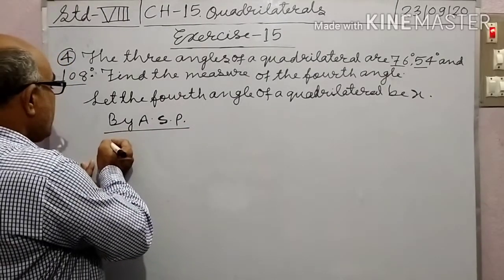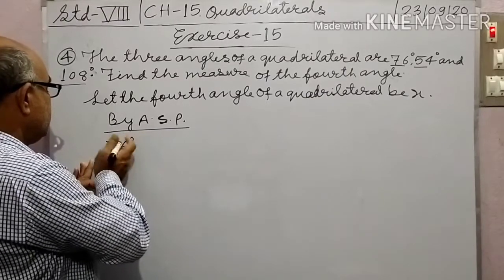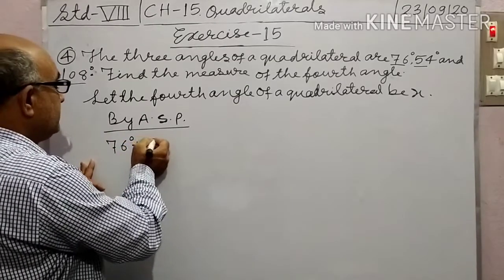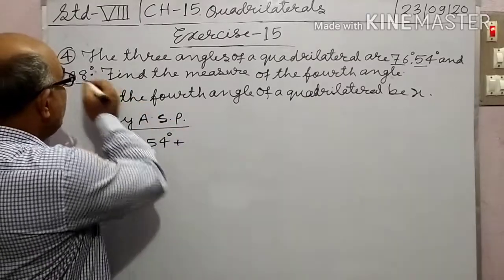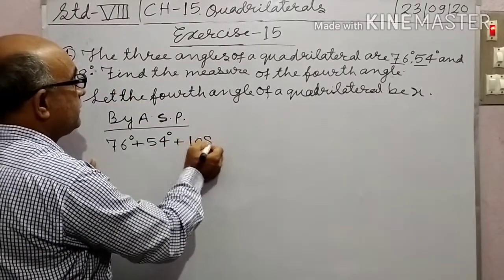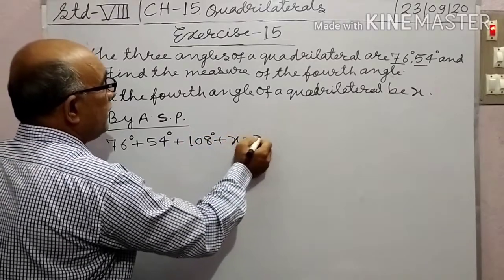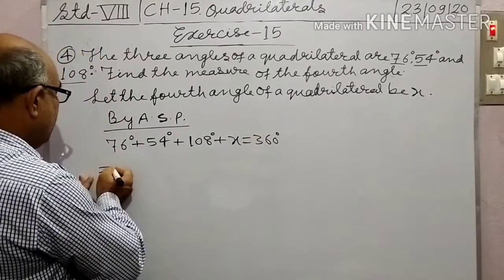So 76 degree plus 54 degree plus 108 degree plus fourth angle x equal to 360 degree.